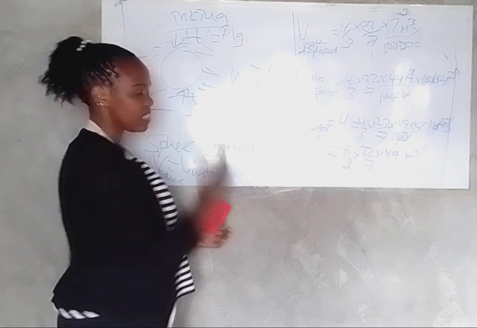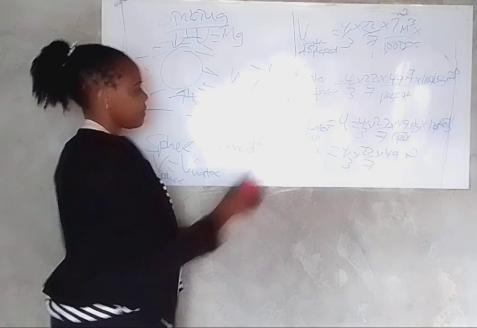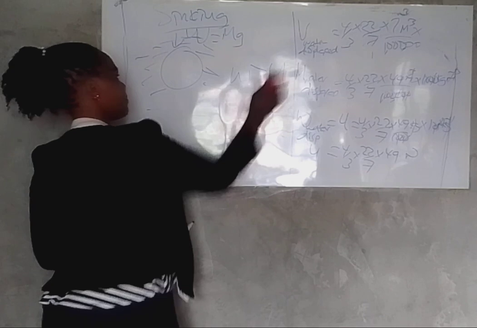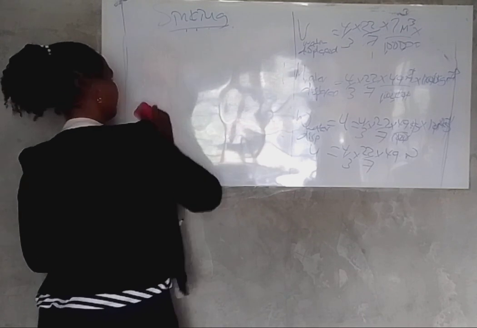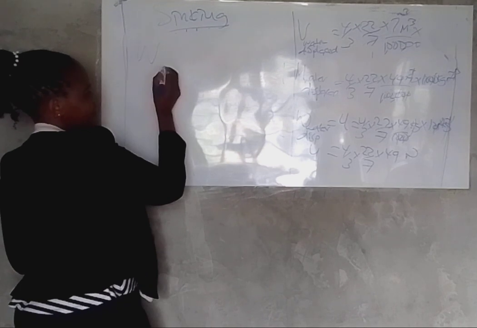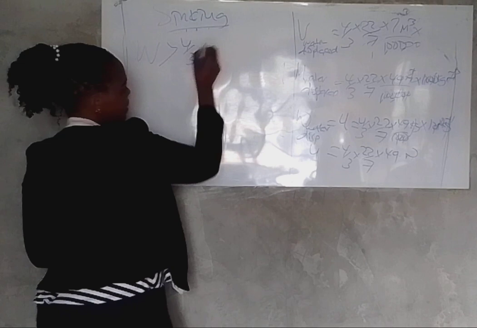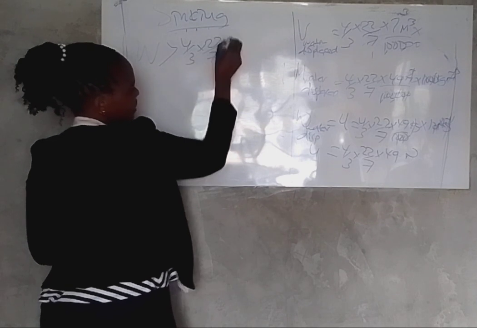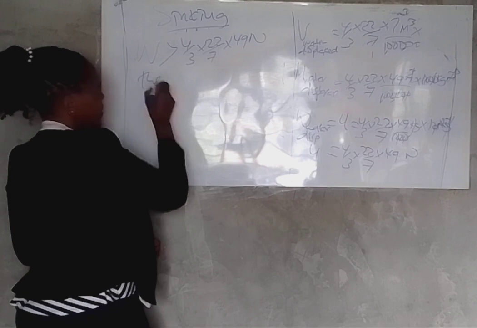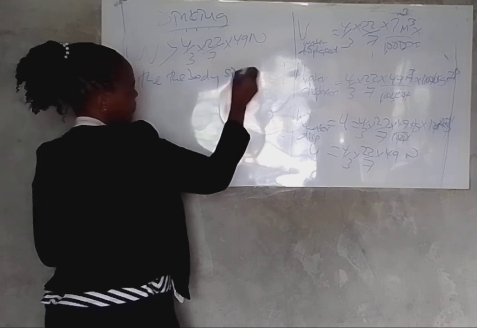Let's say that if the weight is greater than 4/3 times 22/7 times 49 newtons, then the body sinks.